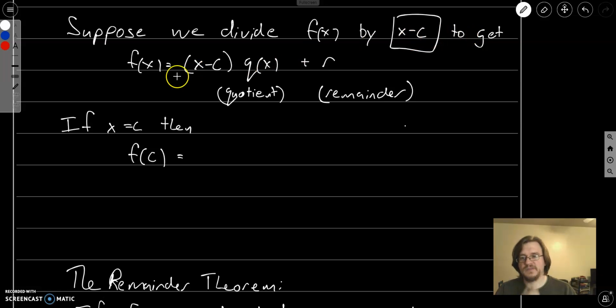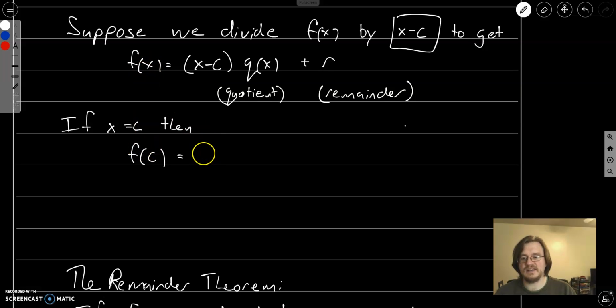So first of all, when we divide f of x by anything, we get f of x is going to be equal to the divisor times the quotient plus a remainder. Okay, so there's nothing funky going on here yet. But what happens if I plug in c into this equation?